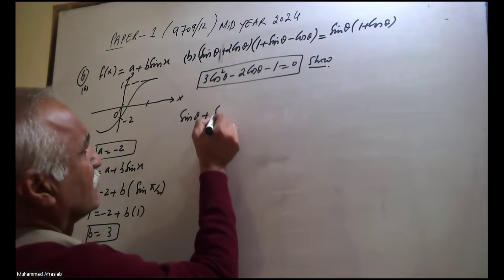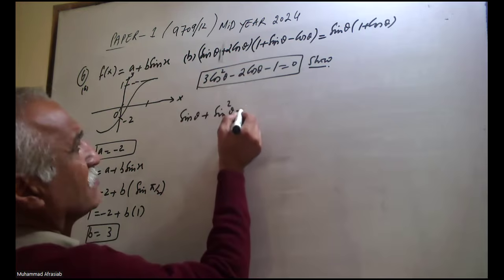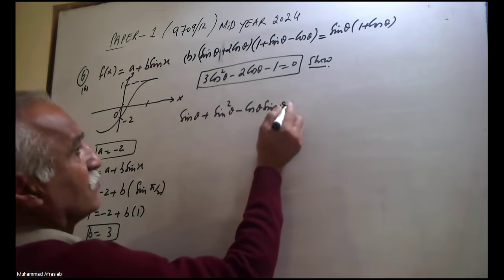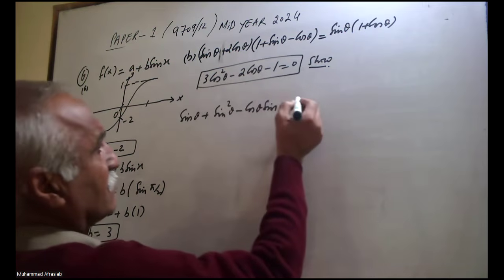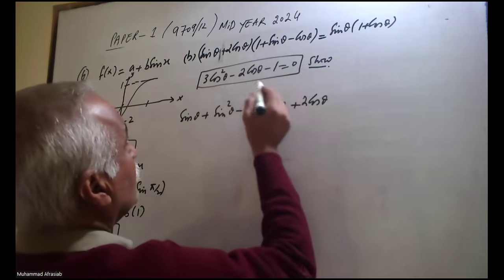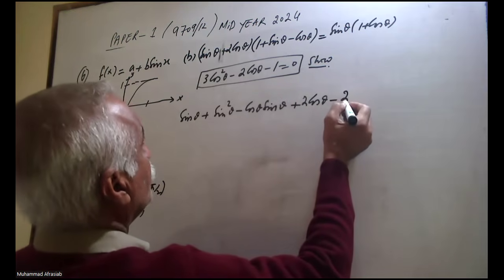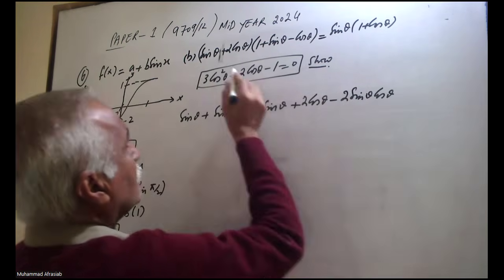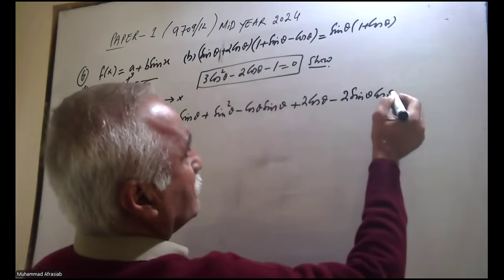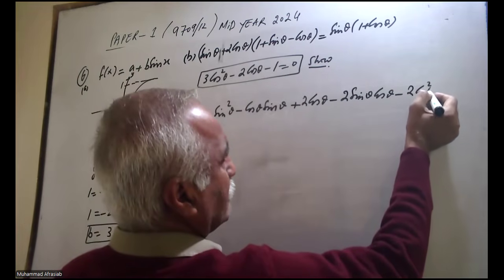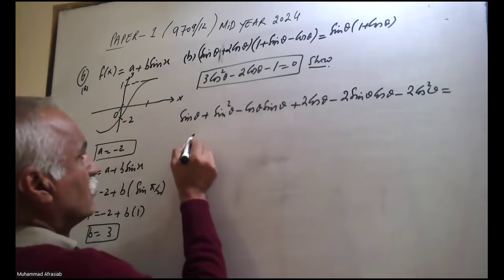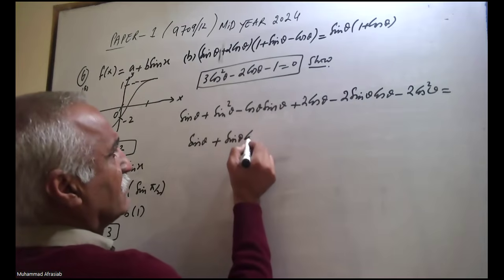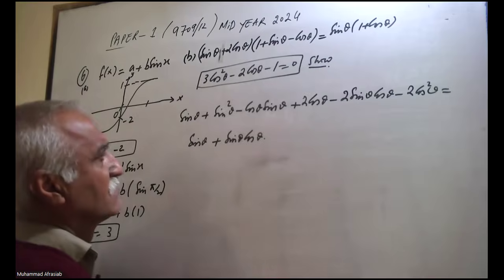sine theta plus sine square theta minus cos theta into sine theta plus 2 cos theta minus 2 sine theta cos theta minus 2 cos square theta is equal to sine theta plus sine theta cos theta there.